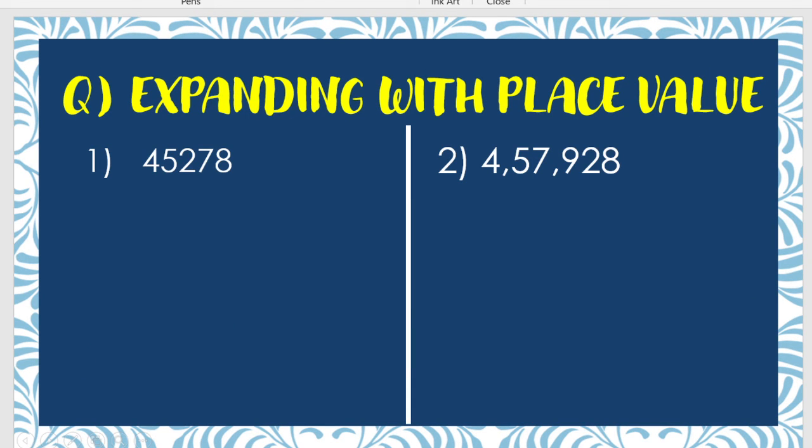Okay, now I have a question for you. Can you read this number? If you can read this number, you can write the expansion very properly. So initially you have to learn reading the number. Read it like this: ones, tens, 100, 1000, 10,000.